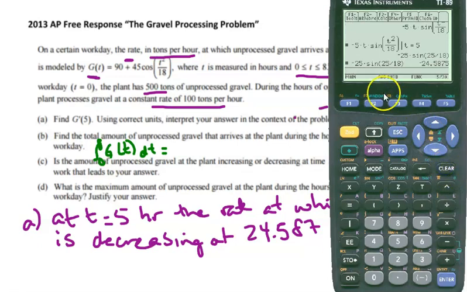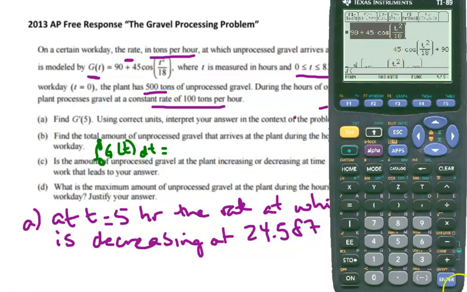So what I want to do in a clear row is go to F3 and choose integrate and enter. Then you're going to scroll up until you get the G of T equation and hit enter. Now you've got the integral, and you say comma T to say integrate with respect to T, then comma 0, comma 8, close parentheses, and this creates the integral of G of T from 0 to 8.